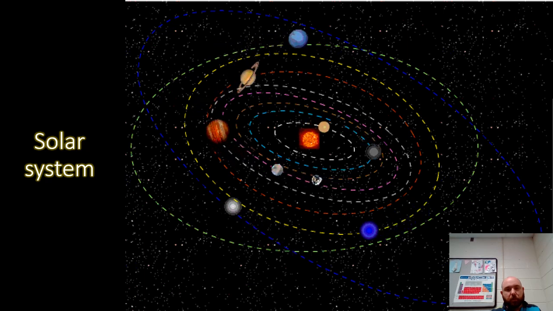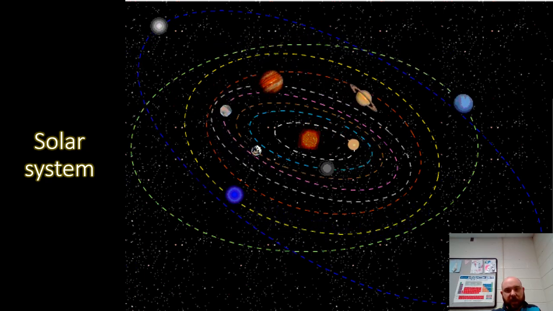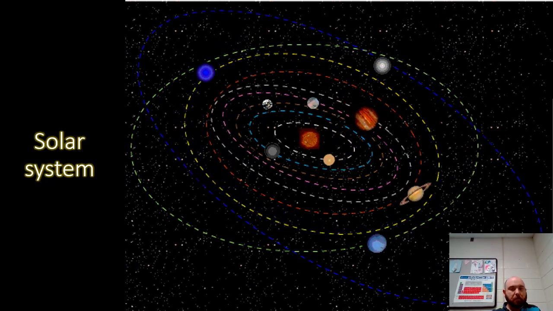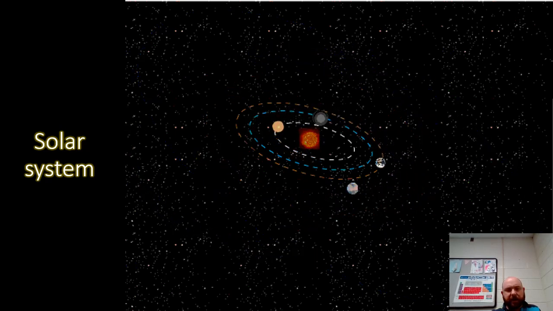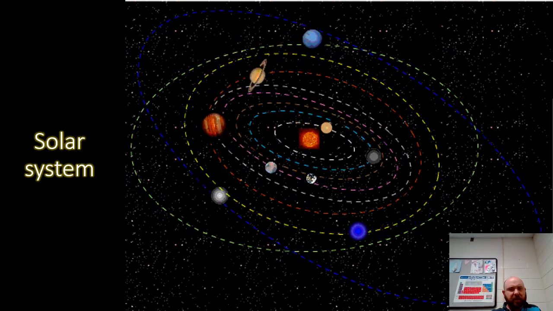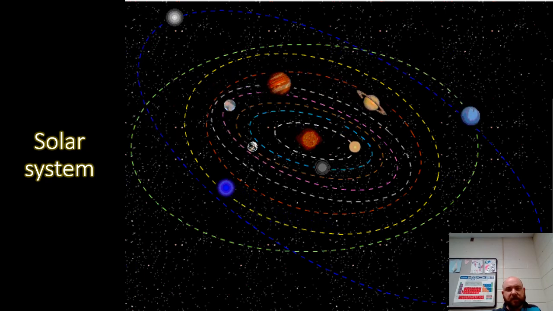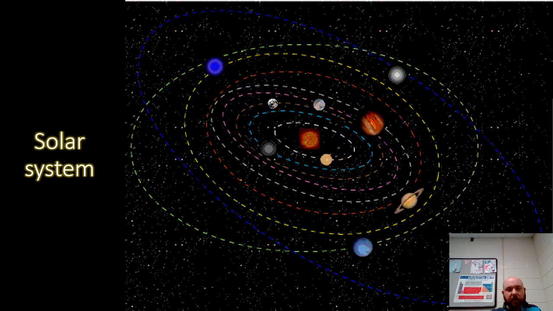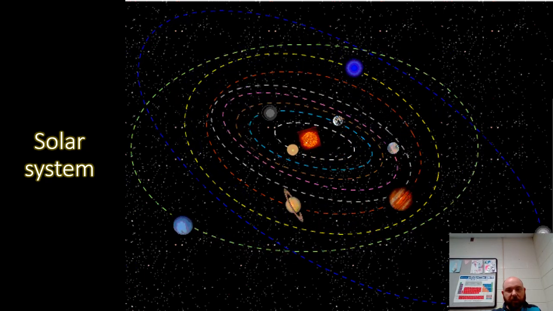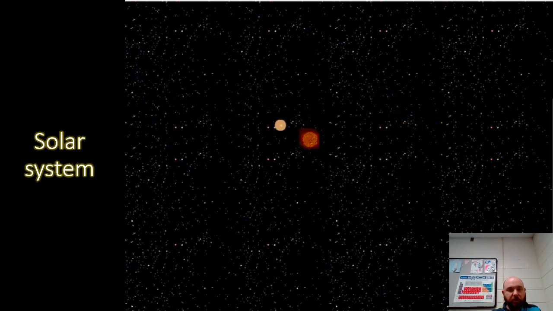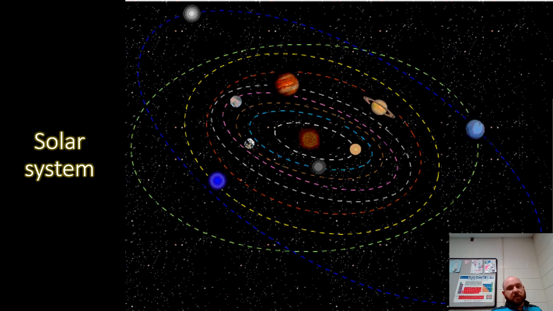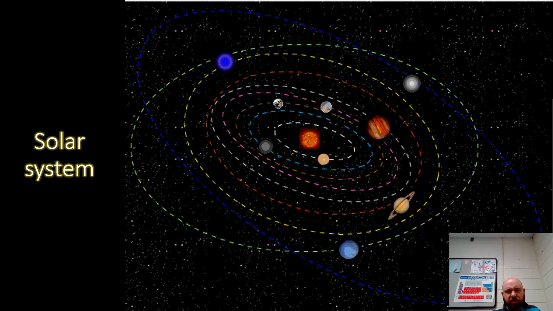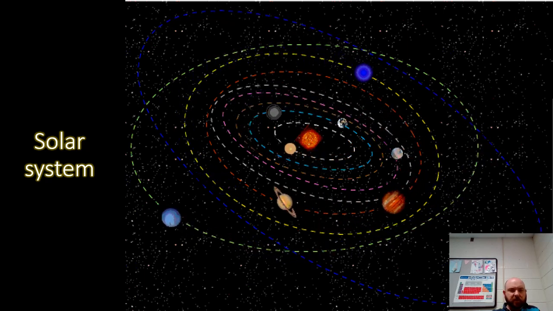Beyond the asteroid belt, we get to the gas giant planets, and these are much, much larger planets made out of mainly hydrogen, helium, methane, and ammonia, and other gases. And the first one that you encounter after you get out of the asteroid belt region is the biggest, Jupiter, and he has the red, colorful stripes that you see in those pictures.